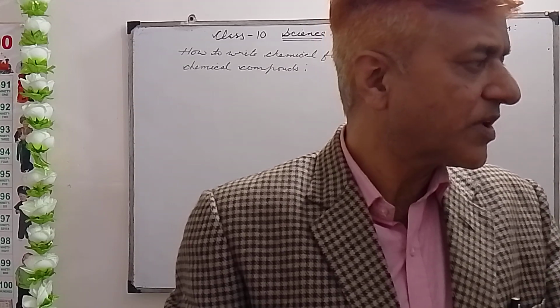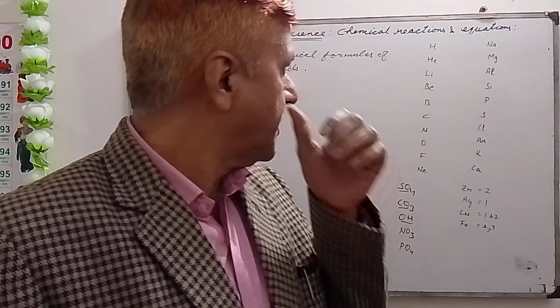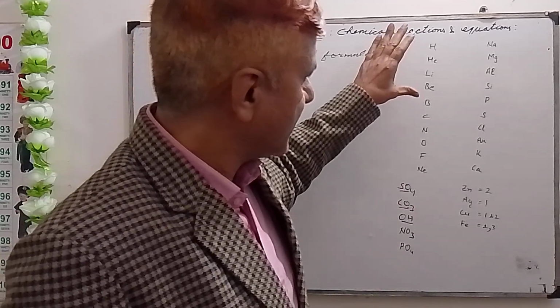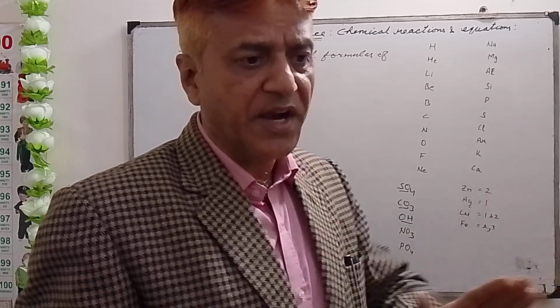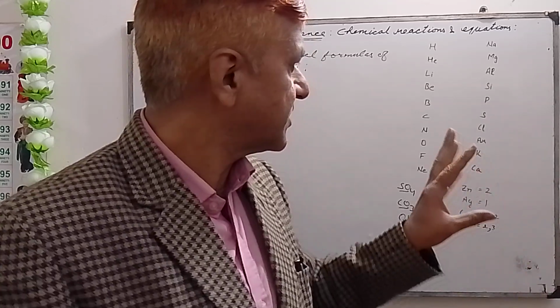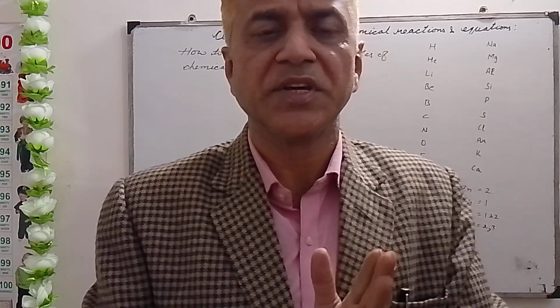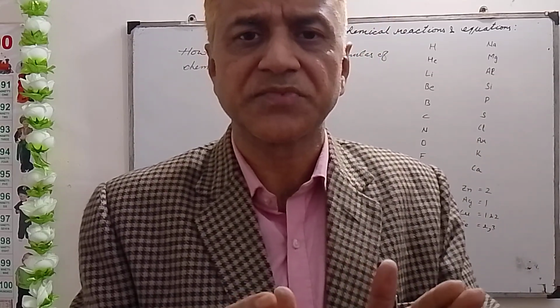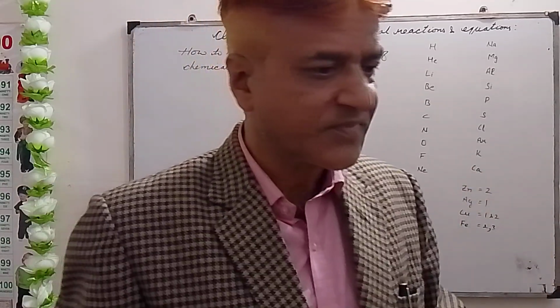Today I am repeating the same thing. As I have written the first 20 elements, you must know the atomic numbers of the first 20 elements. This is very necessary.